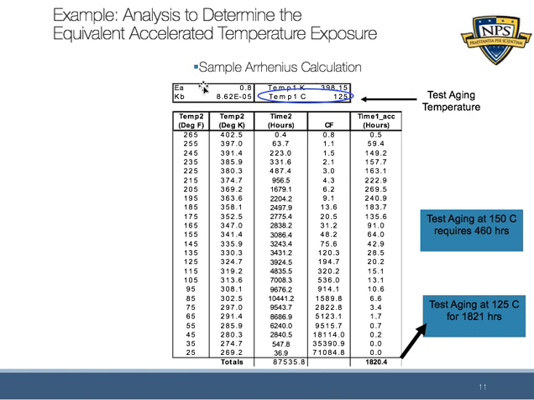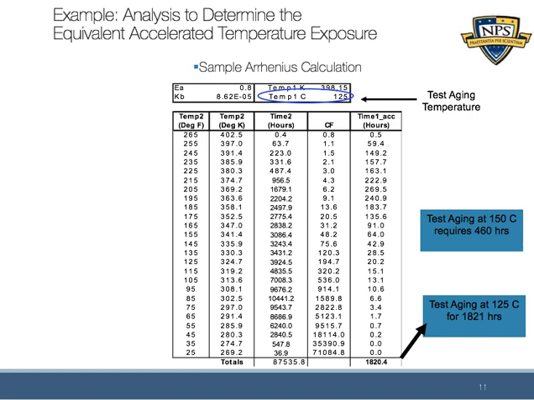So we know the activation energy, we know the constant here, and we're assuming some sort of test aging temperature. And by doing that, we have to do the Arrhenius calculation for each line in here, right?